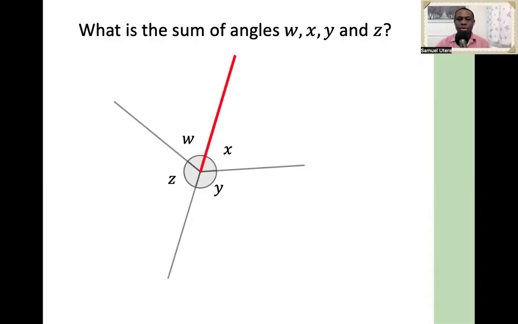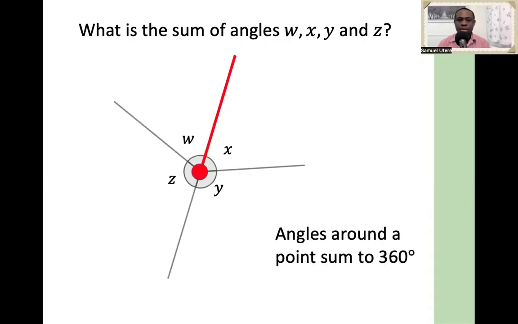Well, I'm sure you know that a full turn is equal to 360 degrees. So angles around a point sum to 360 degrees. So if we knew angles W, X, Y, and Z, we would get 360 degrees when we sum them.